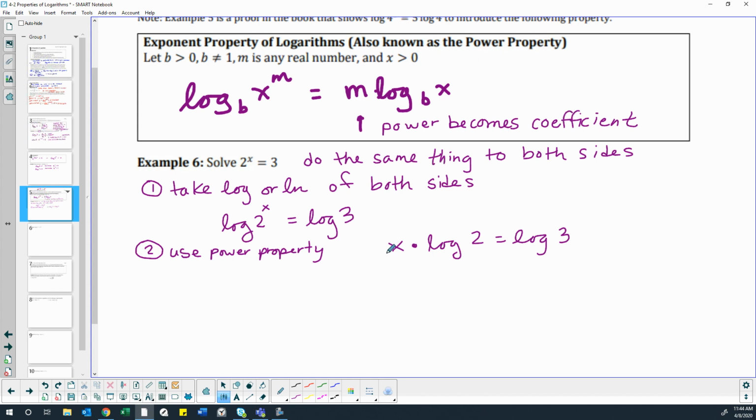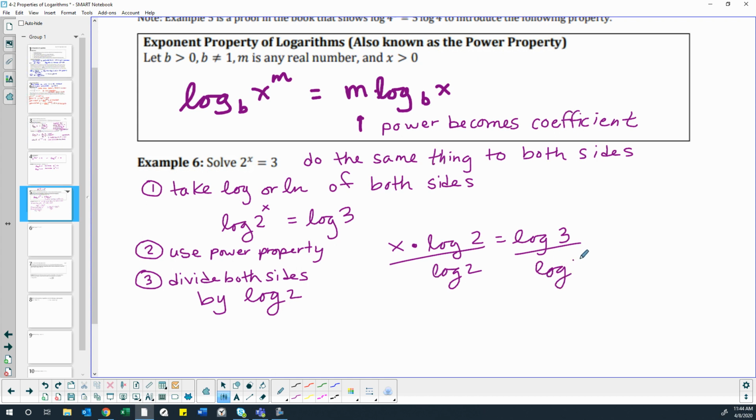Well, when we solve for x and it's multiplying by something, don't we just divide both sides by that thing that's multiplying? So we are going to divide both sides by log 2. So divided by log 2, divided by log 2. This part cancels out, turns into 1. So x equals log 3 divided by log 2.